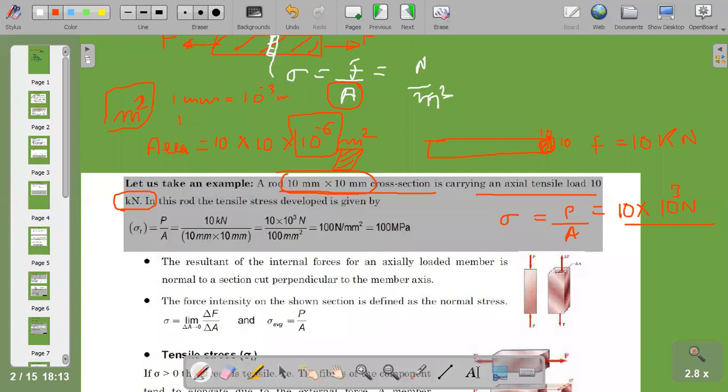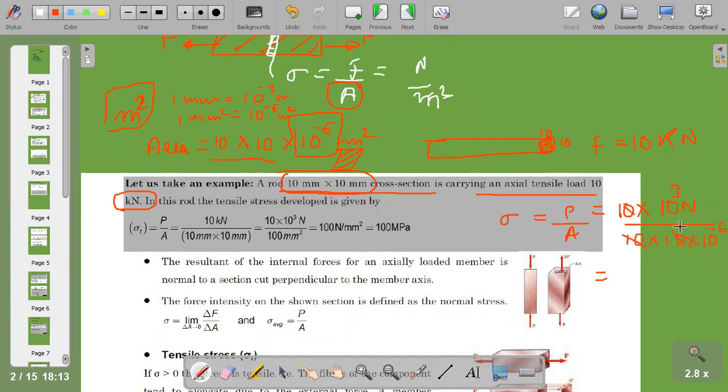So 1 millimeter square is equal to 10 to the power minus 6 meter square. So that's why area is equal to 10 into 10 into 10 to the power minus 6, 100 into 10 to the power minus 6 meter square. So what will be the answer?